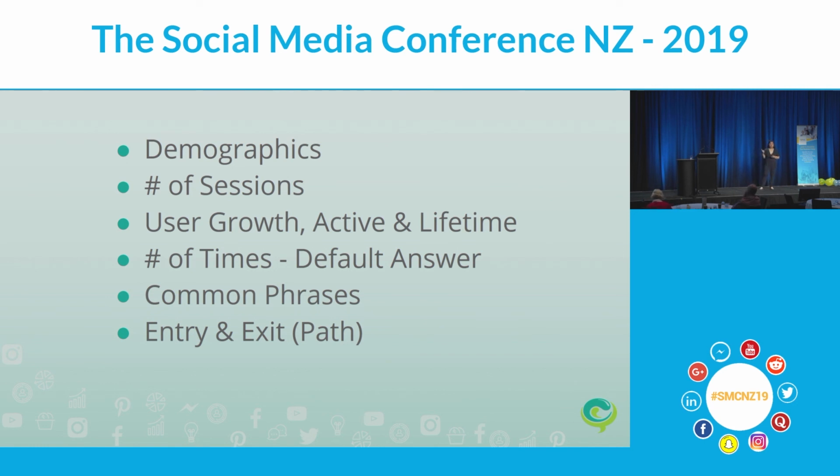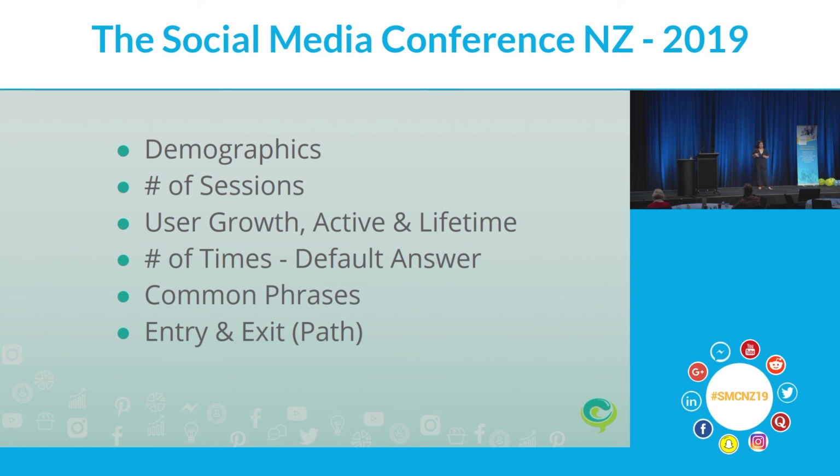Firstly, demographics, who's using your bot. The number of sessions, it's similar to Google Analytics, if you guys are familiar with that. It's like a little website. The user growth, how many are active through lifetime, how many are still interacting with your bot. The number of times, and this is critical by the way, that they get the default answer, right?